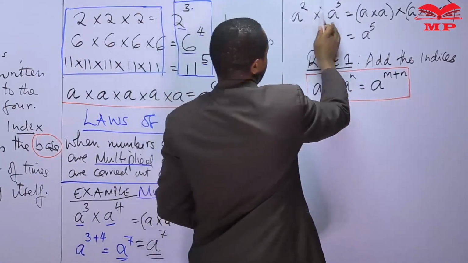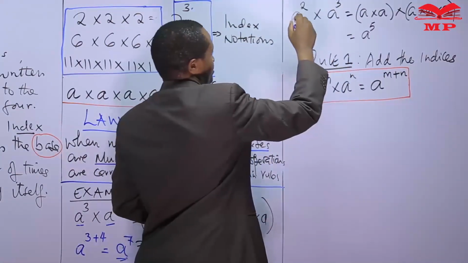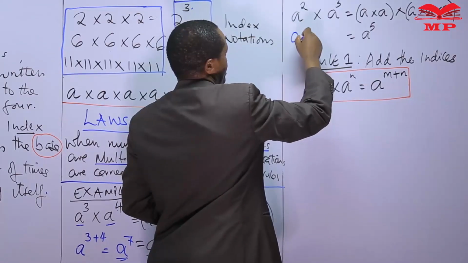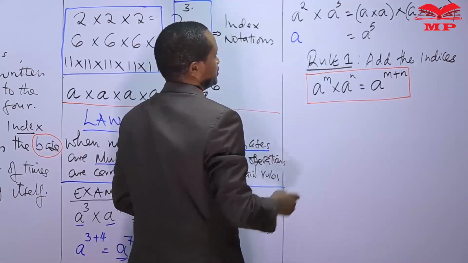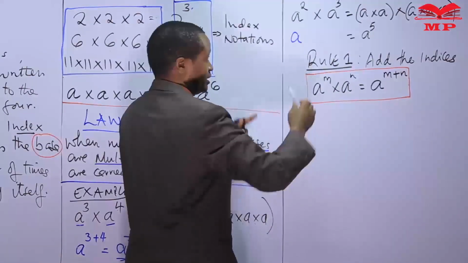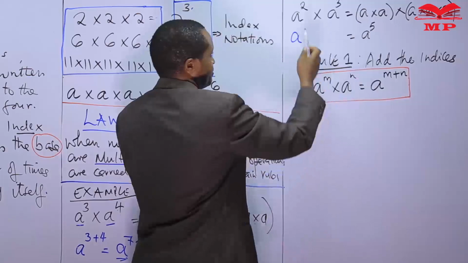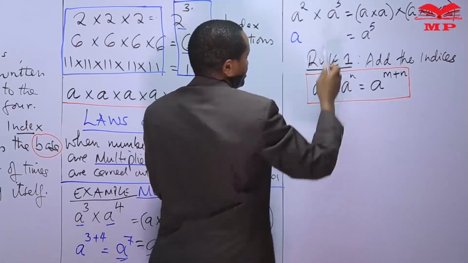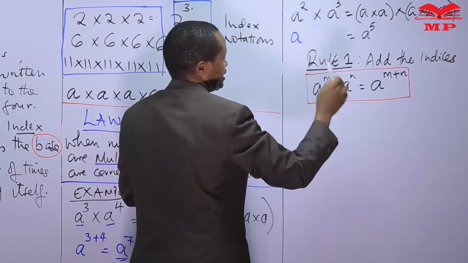In our second case here, the base is A for the first number, the base is A for the second number. They are the same. When you are multiplying numbers with the same base, add their indices.